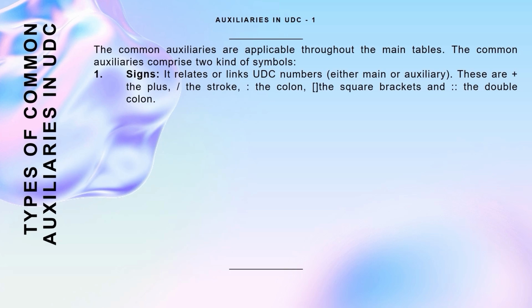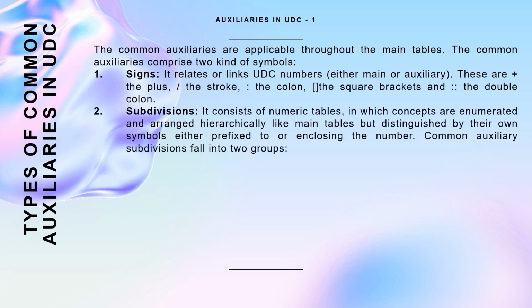Two or more UDC numbers are linked or related by different signs. Basically they use the plus sign, stroke sign, colon sign, square bracket sign, and the double colon sign. And the second is the common auxiliary subdivision. It consists of numeric tables in which concepts are enumerated and arranged hierarchically like the main tables.